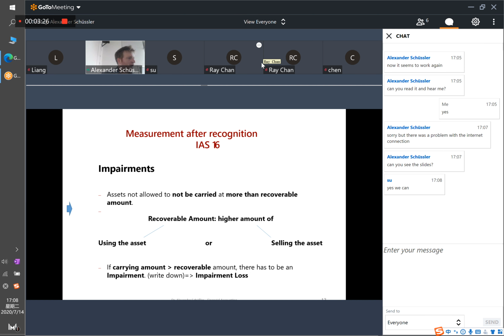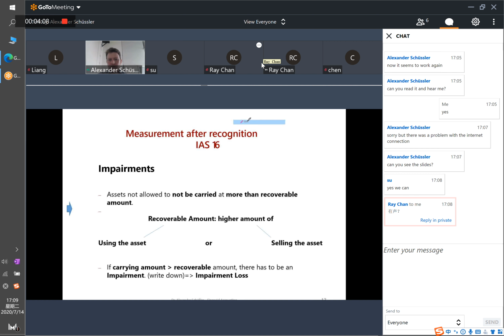We were here, at the impairment slide. Whenever the recoverable amount is lower than the book value, you have to write it out, and this is called an impairment loss.